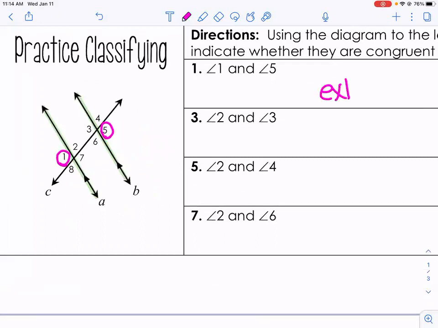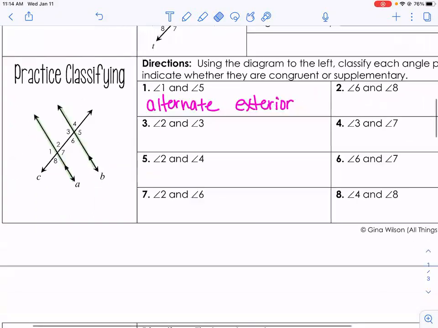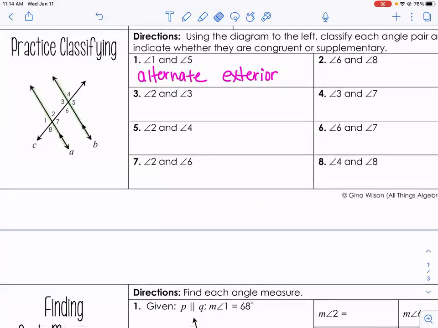Okay, so exterior is one of the words. They're outside, right? That's why I put exterior. So now are they on the same side or opposite sides? So we say alternate exterior. If you put alt X, that's great.